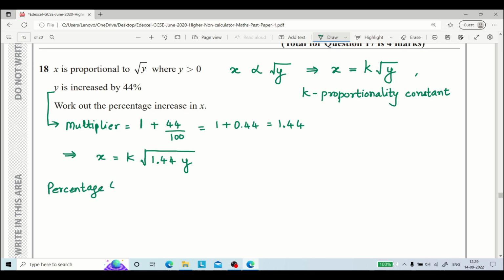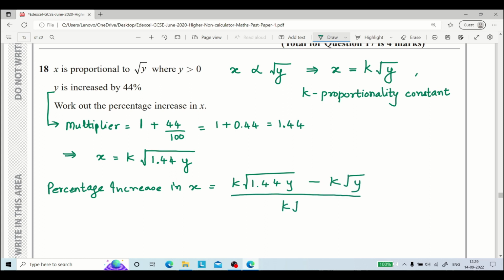So percentage increase in x is going to be what? The new value, that is k into root of 1.44y, minus the original value k into root y, over the original value again, into 100. That is what we do, right?